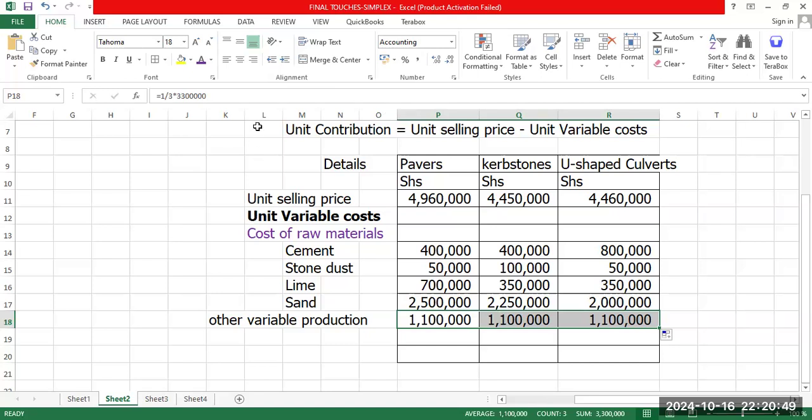Okay, so that's all our other variable costs.